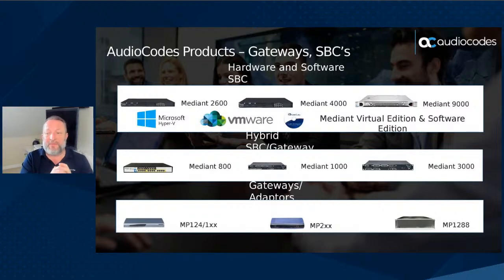You get the same environment. So from an engineering perspective, it's much easier to use our devices, because it's very familiar. It doesn't matter which one you're using. So there are some really good attributes to using the AudioCodes SBC family of devices.